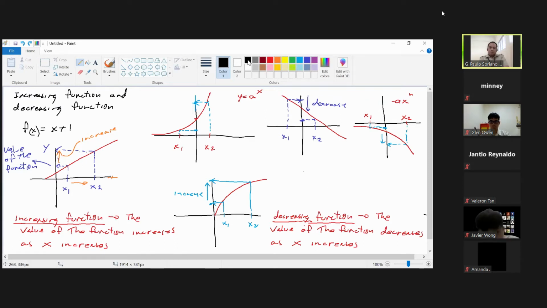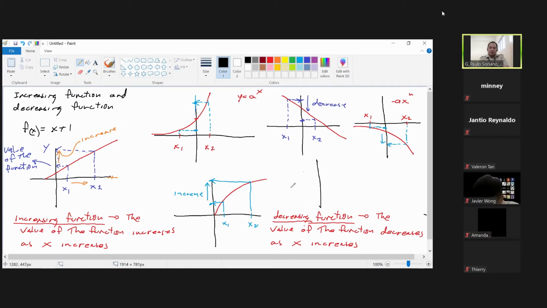However, if we compare it to a parabola, is this a uniform function?